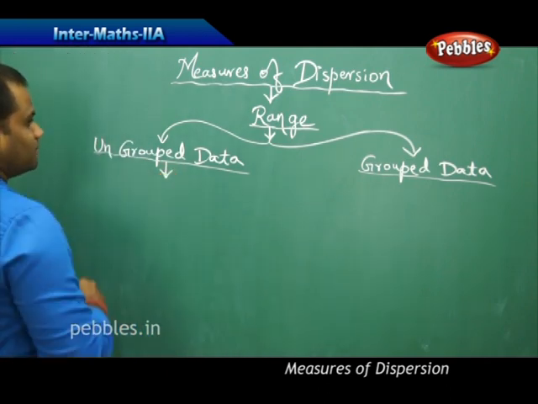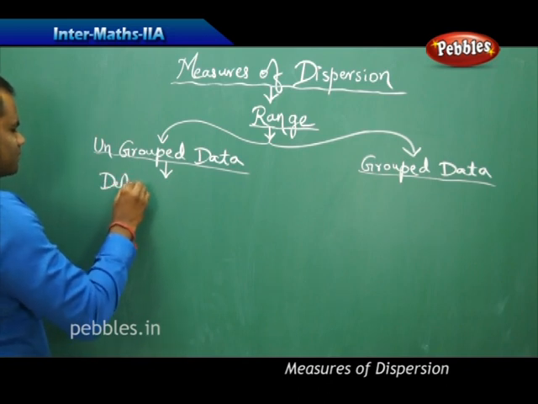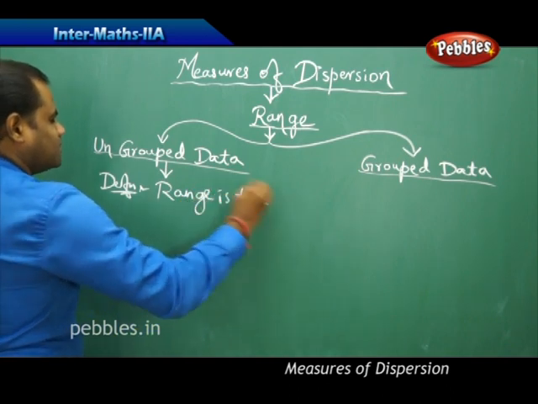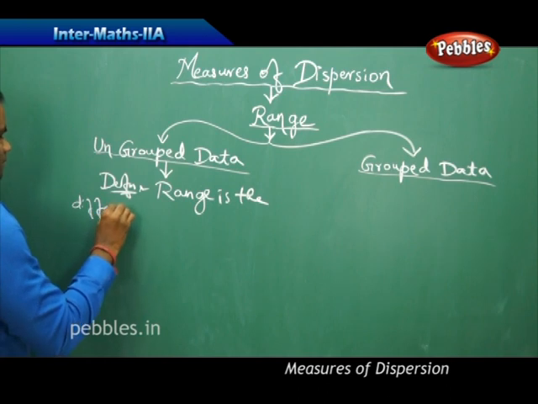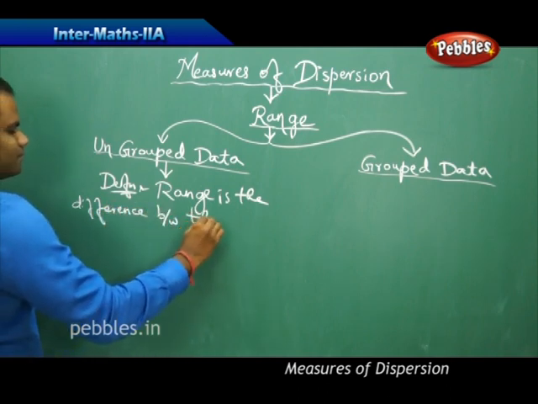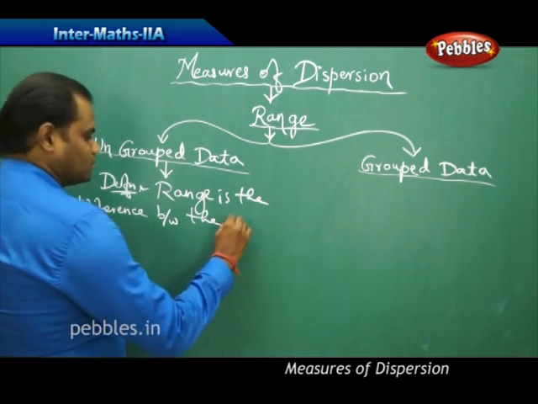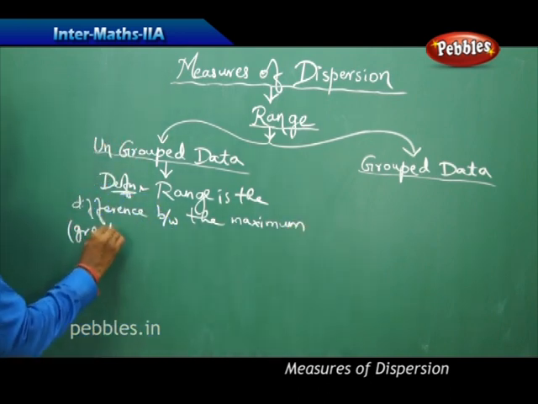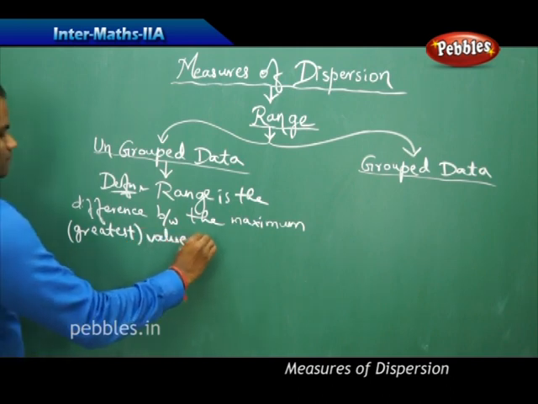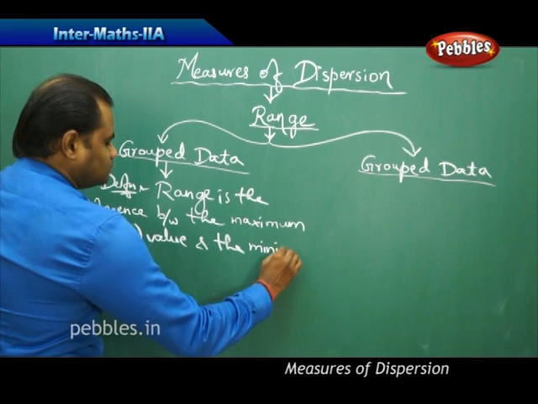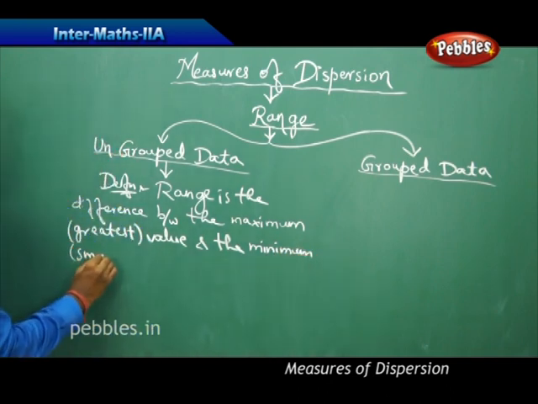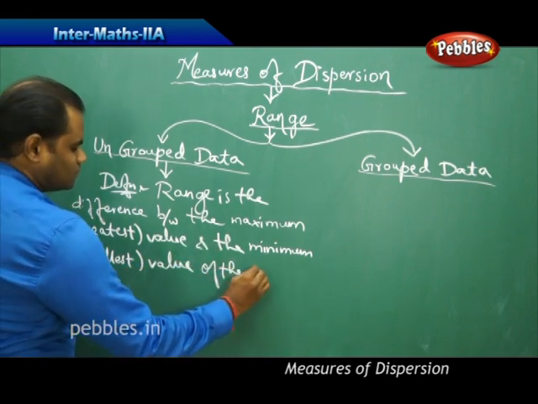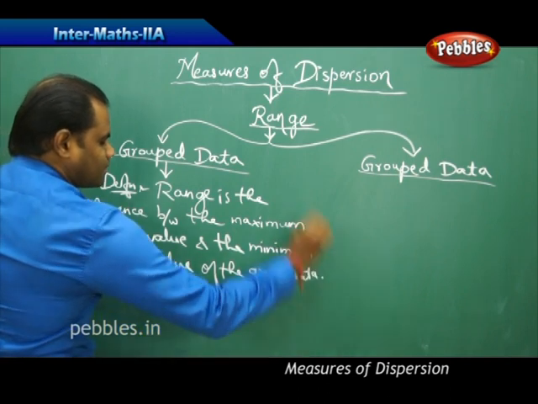So in case of ungrouped data, the range is defined as the difference between the maximum, that is the greatest value, and the minimum, which is the smallest value of the given data.